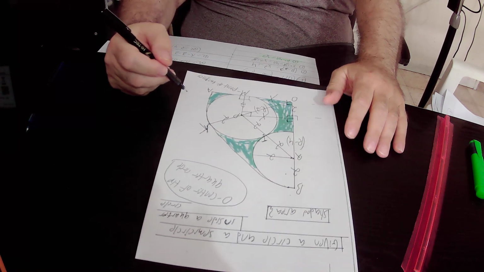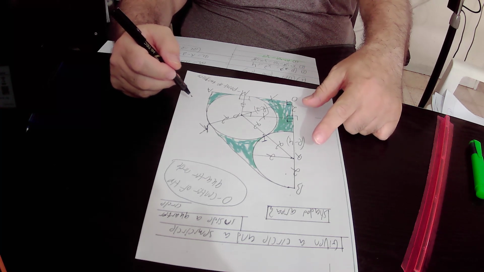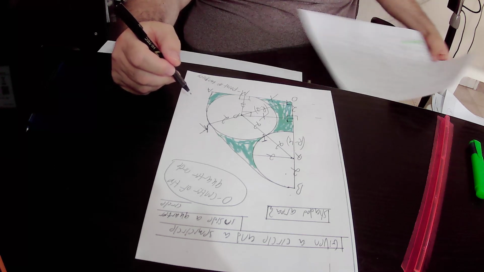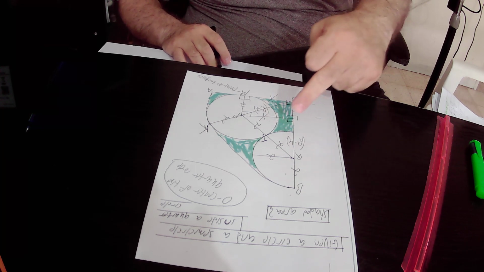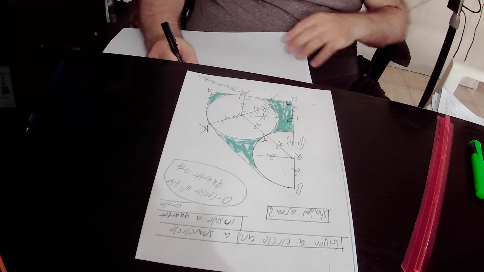Now we will implement the Pythagoras theorem on the right triangle, triangle QLP. So I'll copy triangle QLP in a new place, and we will implement the Pythagoras theorem on this triangle.